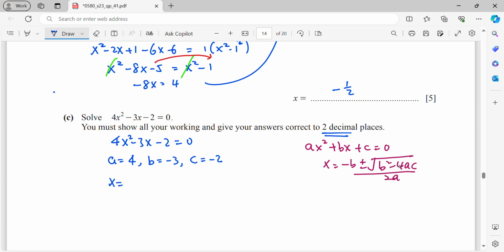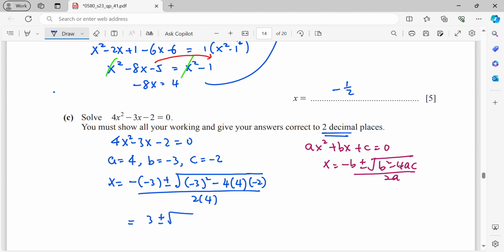That means now my x is minus minus 3 plus minus the square root of minus 3 squared, which is my b squared, minus 4ac, then over 2a. Then from here, you will get 3 plus minus the square root of 41 divided by 8.